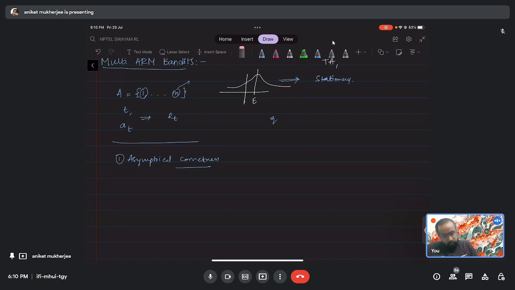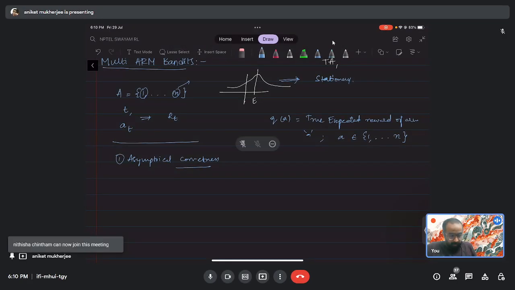You have Q star, you have Q of A. Q of A is the true expected reward of arm A. You don't know the true expected reward of arm A. You need to sample the rewards from each arm, do the sample average, and estimate this quantity so that you can make a guess as to which arm has the highest expected reward, so that you can pull that arm multiple times. So this is what you want to do.